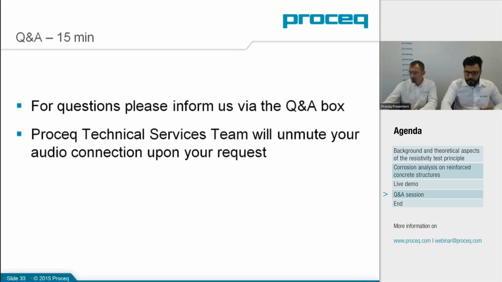Right, the first question I got here: for bulk resistivity with the Resipod, does the device work for all cylinder sizes, diameters, and lengths? We do have an upper limit because of the size of the plates. We can accommodate samples up to 150 mm. In principle, there is no lower limit.